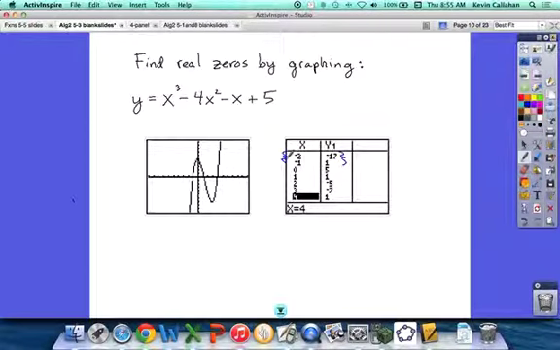Where else is there a zero, just based on the change in sign of y? Between 1 and 2, it goes from 1 to negative 5. So in between 1 and 2, it crossed the x-axis again. That's the second zero. Where's the third zero?